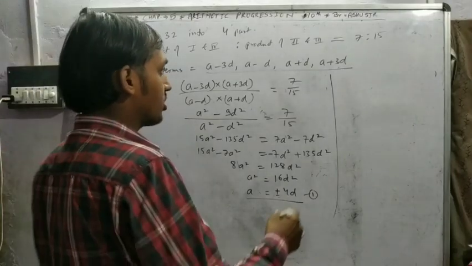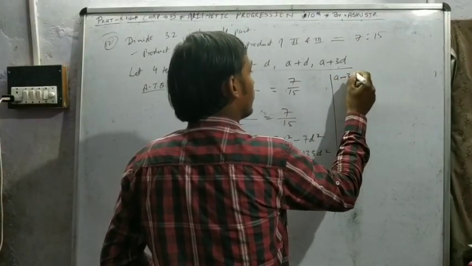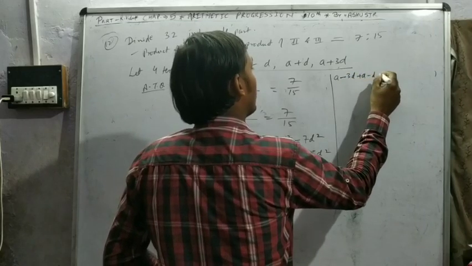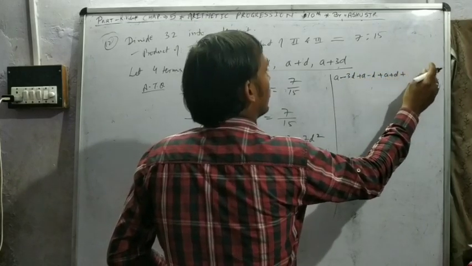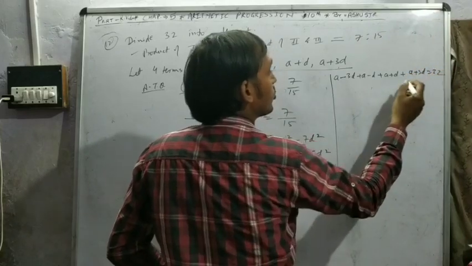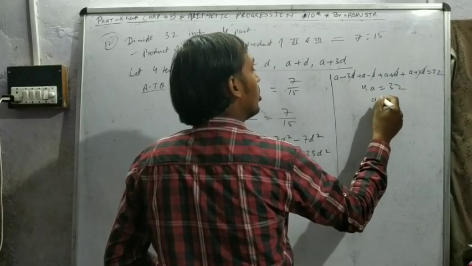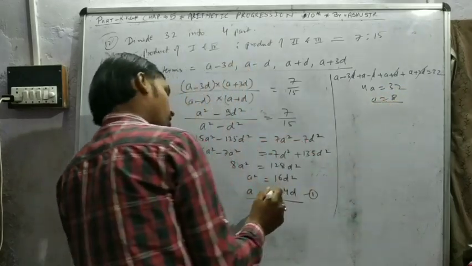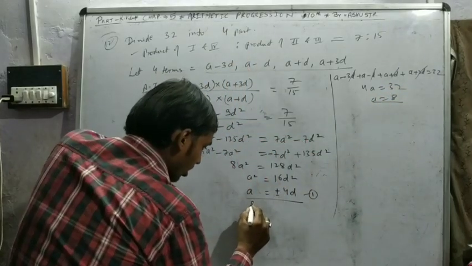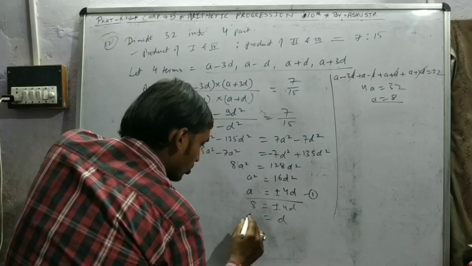For the second condition, these all sum to 32. The d's cancel, 4a is 32, a is equal to 8. Put here 8 is equal to plus minus 4d, so d is equal to plus minus 2.